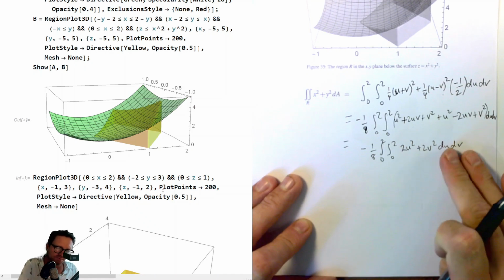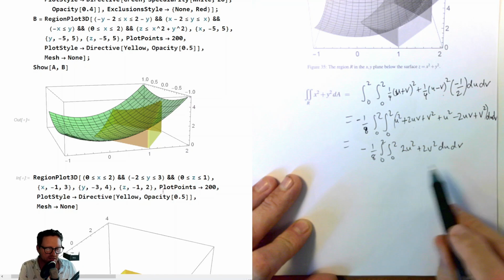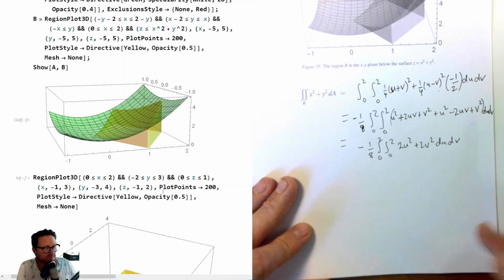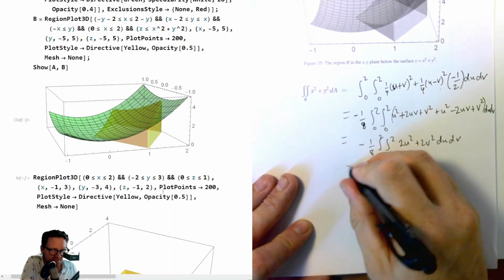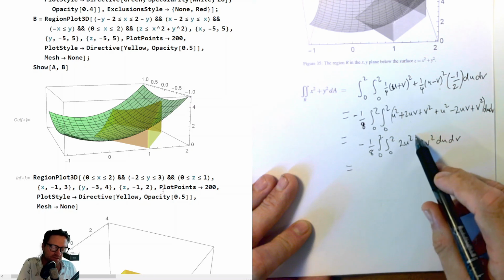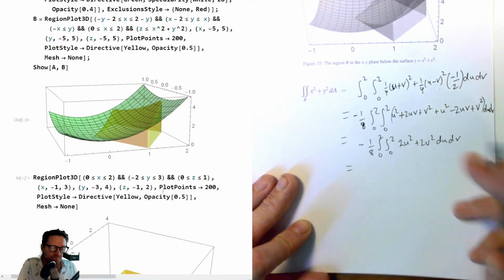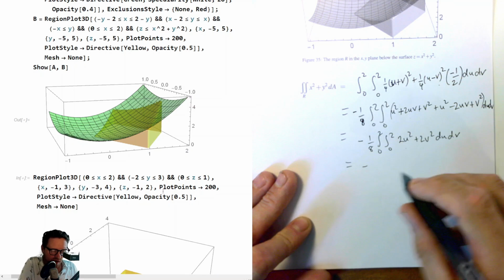Okay, so we could make another line and pull the 2 out and call this minus a quarter integral u squared plus v squared. Now, we may as well just integrate at this point with respect to u. So let's do that. Integrating this with respect to u, we have u to the power of 3 over 3. But let's pull that 2 out in this step.